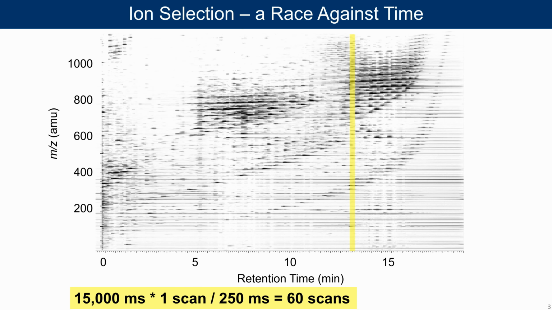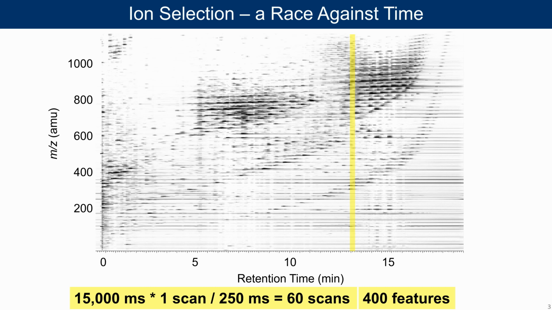For example, if we look at the triglyceride region in this time mass to charge plot, in this 15,000 millisecond region, if our scan rate is 1 scan per 250 milliseconds, we can only obtain 60 ions here, which we can fragment.